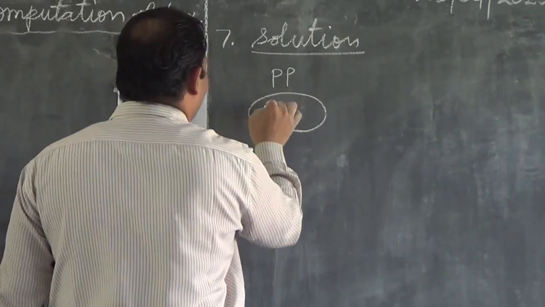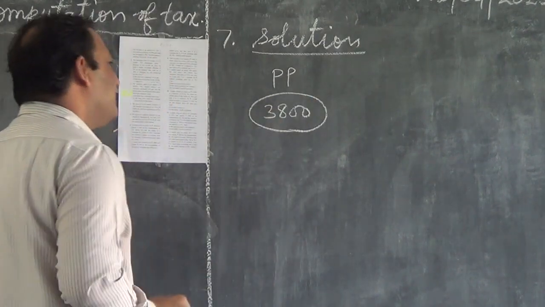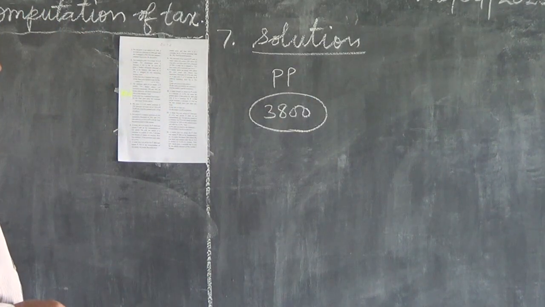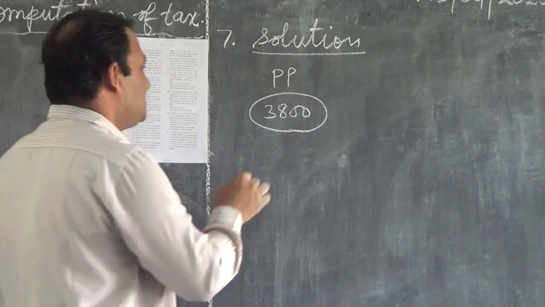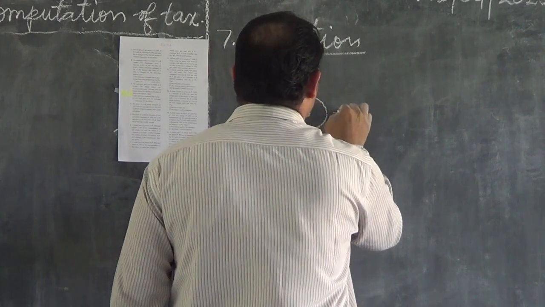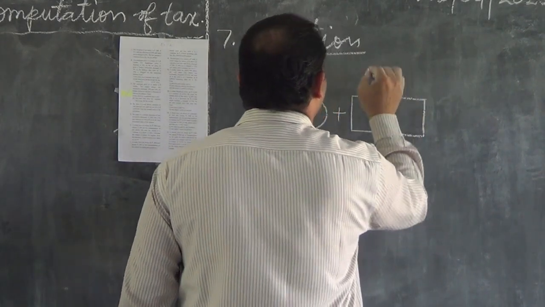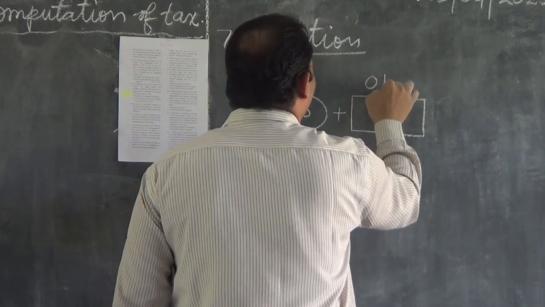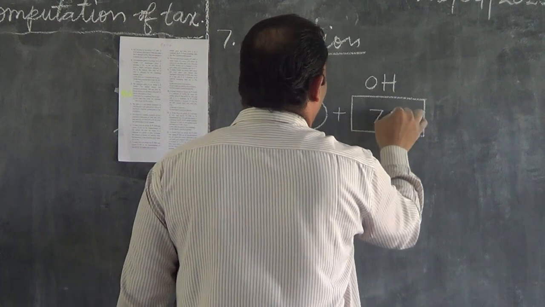Purchase price, sir. Yes, children, this is purchase price, 3800. Then he spends 700 on transportation. What is transportation called, children? Overheads, that is rupees 700.